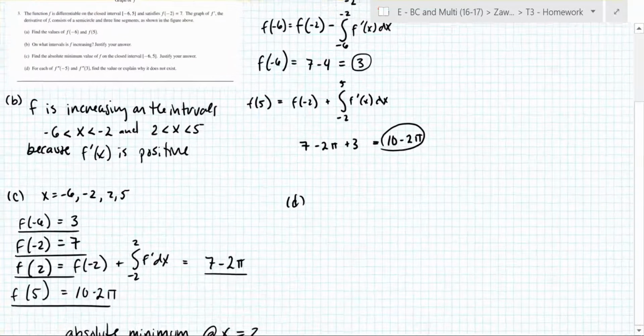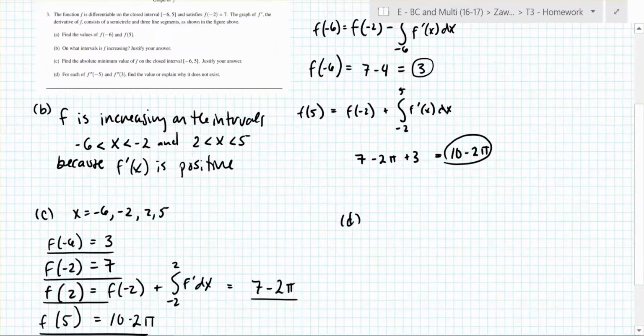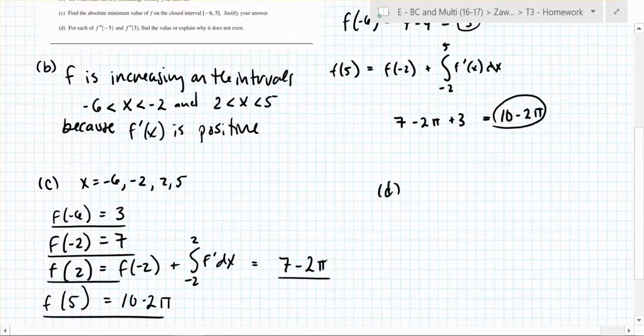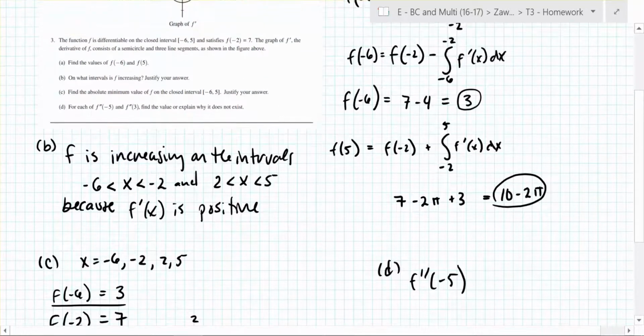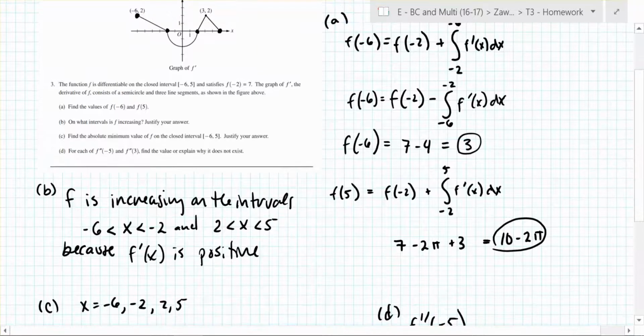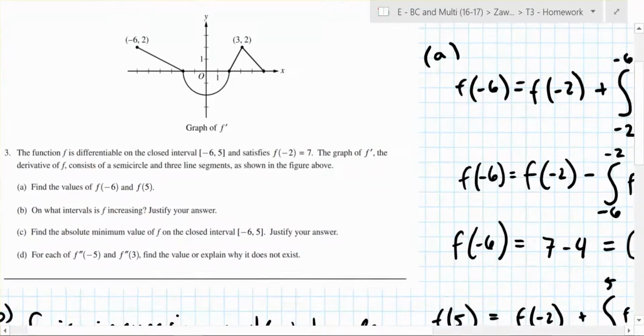So part D says for each of f double prime of -5 and f double prime of 3, find the value or explain why it does not exist. So we can look at the second derivative of f of x. F double prime of -5 is just going to be equal to the slope at -5 on this graph of f prime of x. So if we look at the point -5, it's going to be right here.